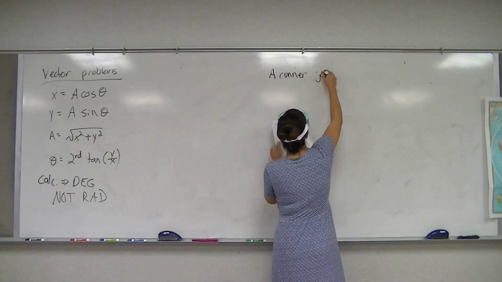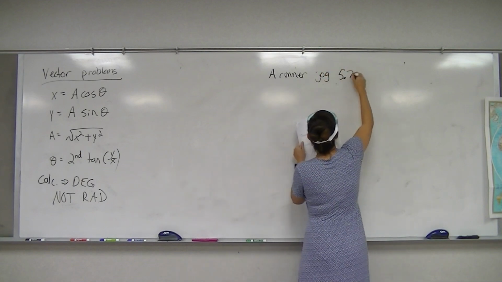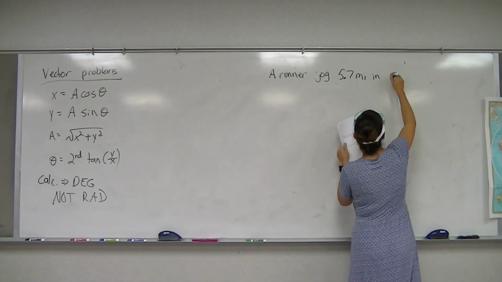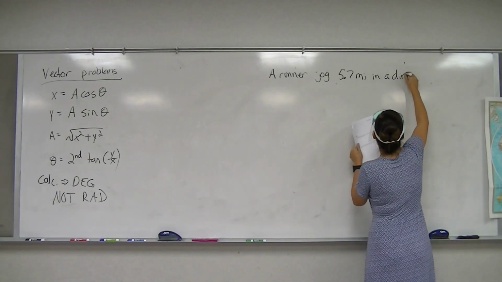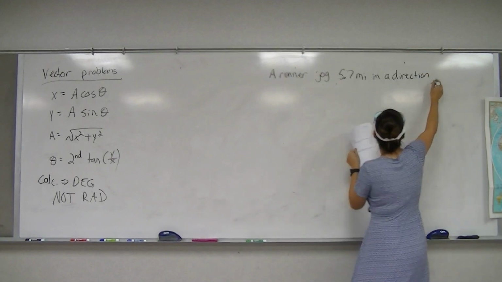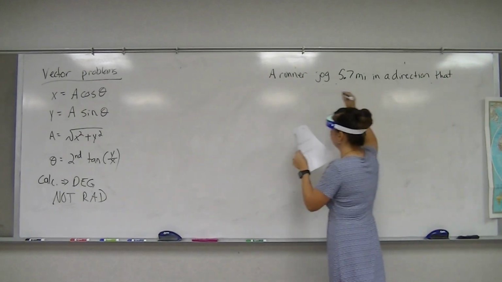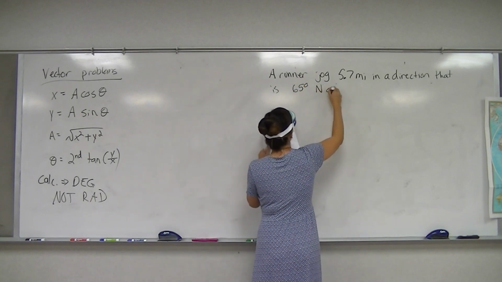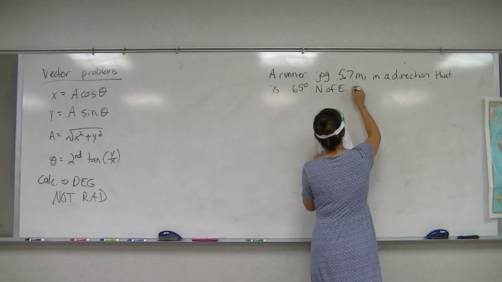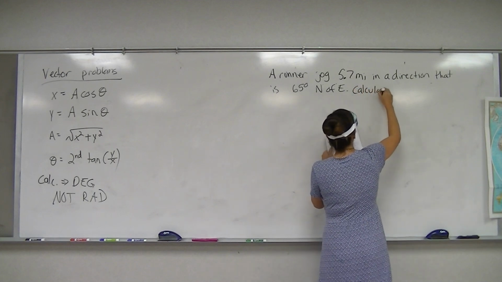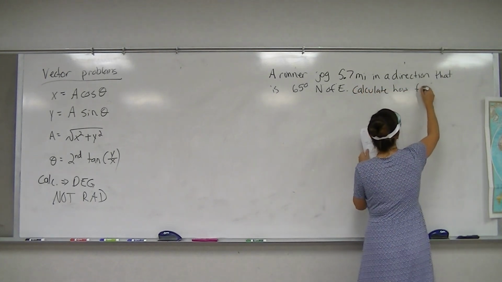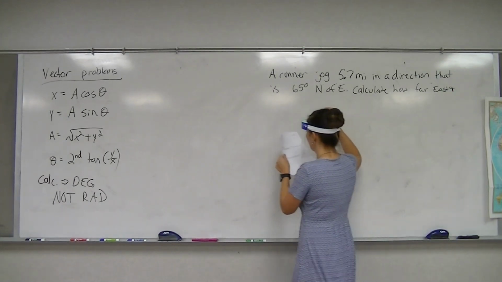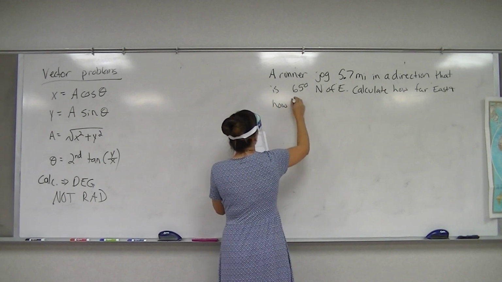So a runner is going to jog 5.7 miles in a direction 65 degrees north of east. Calculate how far east and how far north.